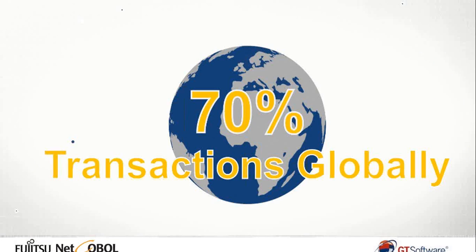COBOL is an impressive language. It was designed with flexibility in mind. It was designed to run on multiple platforms from the start. It was designed for business computing from the start. It has evolved, survived, and thrived. COBOL can work with many databases, from IBM's DB2 to Oracle and Microsoft SQL Server.